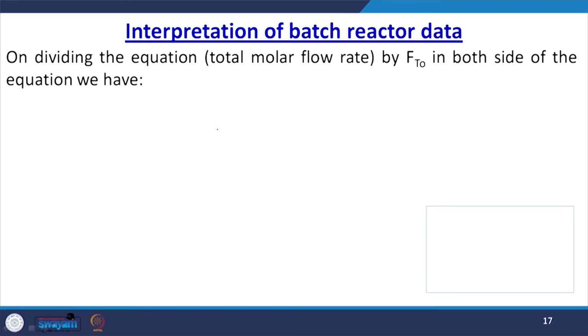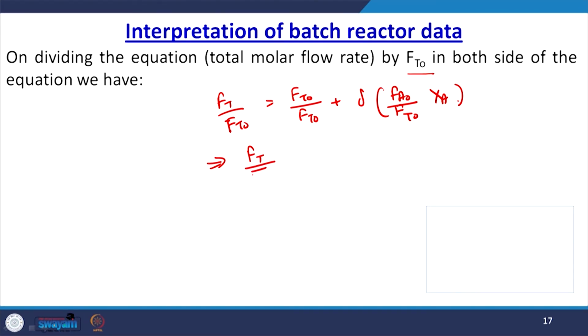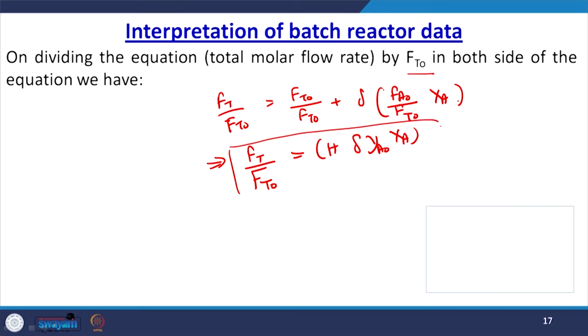Now if we divide the equation, that is the total molar flow rate, by FT0 on both sides of this equation, then Ft upon Ft0 is equal to Ft0 plus delta FA0 upon Ft0 XA, and this can be represented as Ft upon Ft0 equals 1 plus delta yA0 XA.